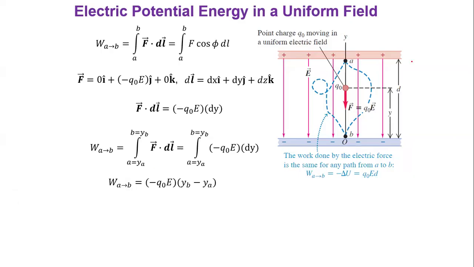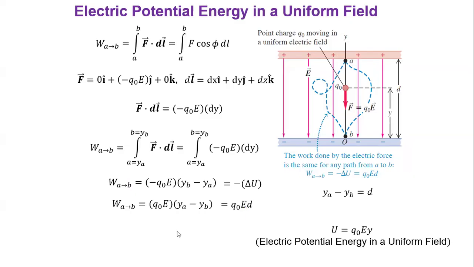So the work from A to B is equal to the negative change of the electric potential energy, which is equal to Q sub O E times YA minus YB. We get rid of the negative. We know that YA minus YB is just d. So the work from A to B is just equal to Q sub O E d.